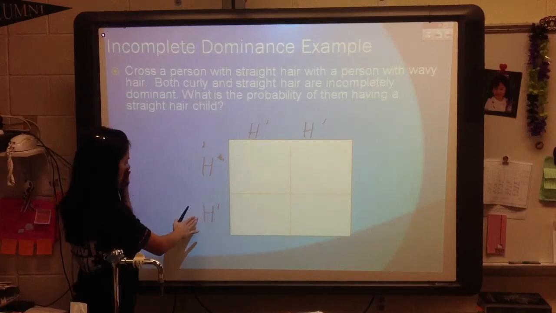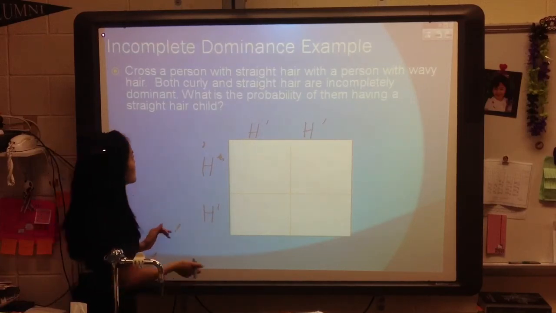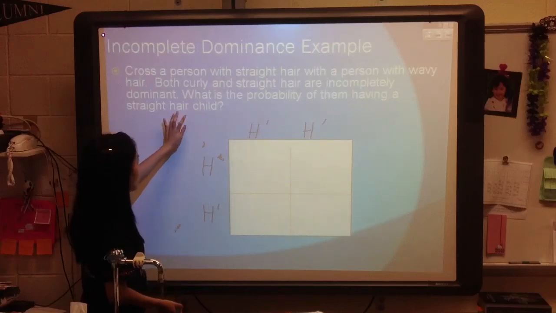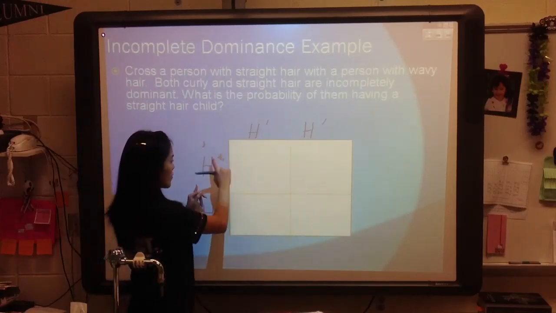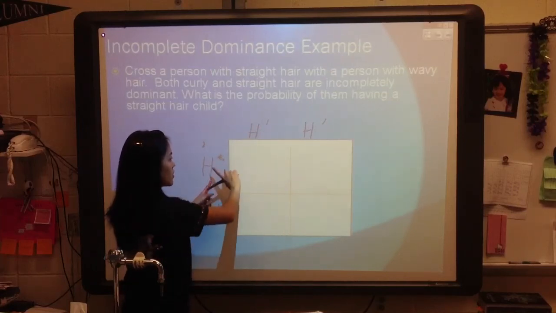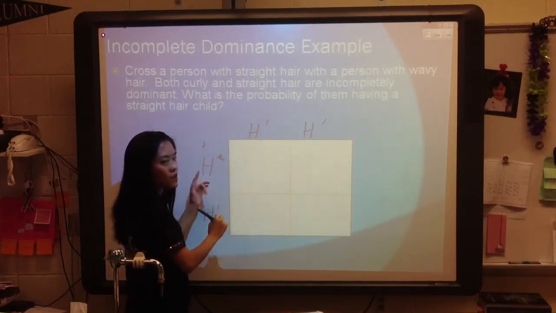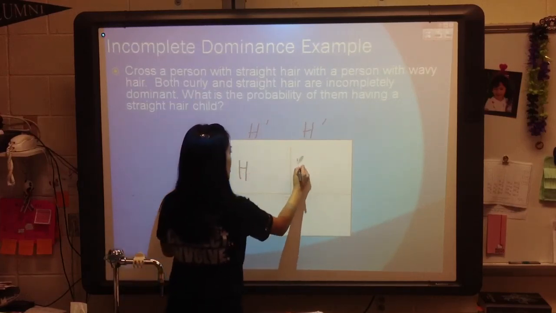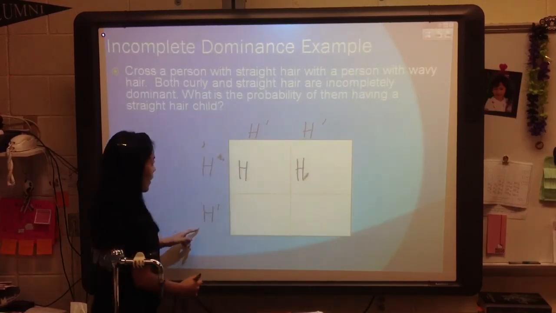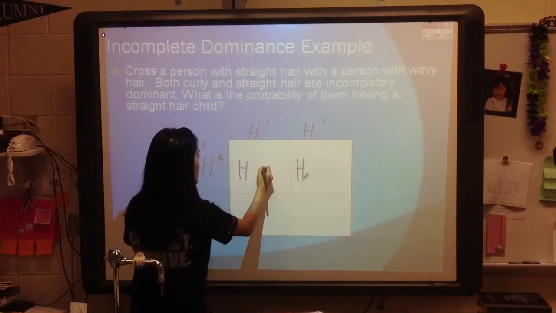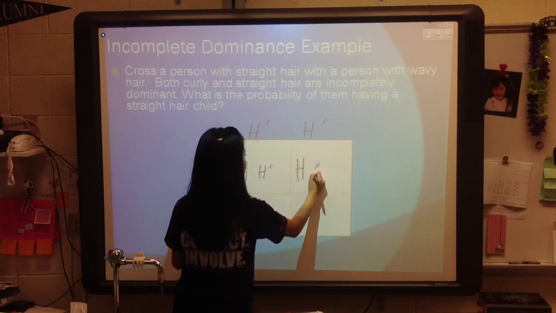Curly plus straight equals wavy. So then it says, what is the probability of them having a straight-haired child? Well, remember that since we have a letter with its prime symbol, we're going to write the regular H first. So I'm going to bring over my regular H, and then all I have left are my H primes, so I can go ahead and fill those in.